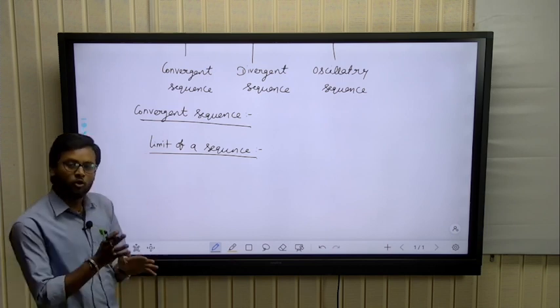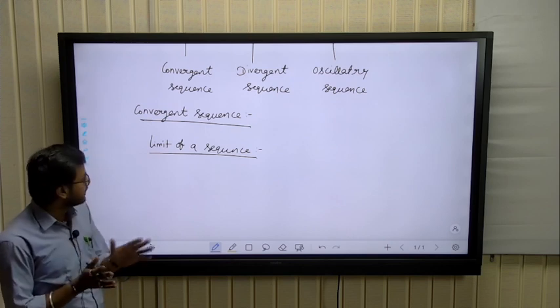So first we go for the mathematical definition of the limit of a sequence.